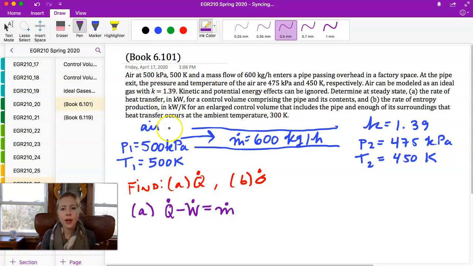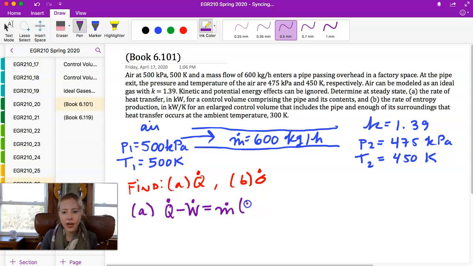And so remember now, with control volumes, we're not just dealing with differences in temperature, but because we have a fluid flowing, we're going to have pressure volume work as well. And so built into that for control volume problems, we need to use enthalpy. Remember, enthalpy is U plus PV.